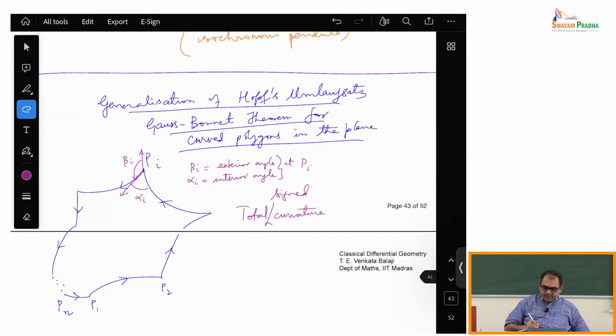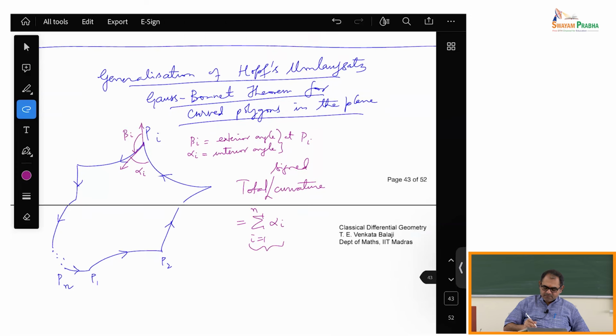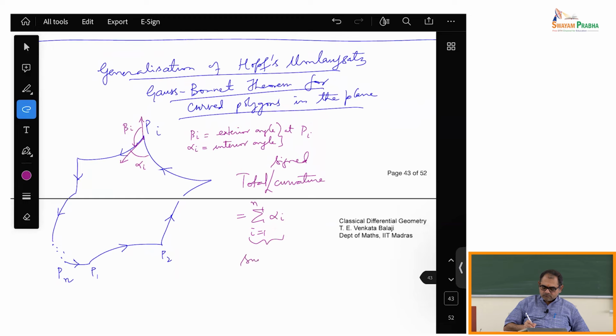That will simply be the sum of the interior angles, minus n minus 2 times pi, okay.